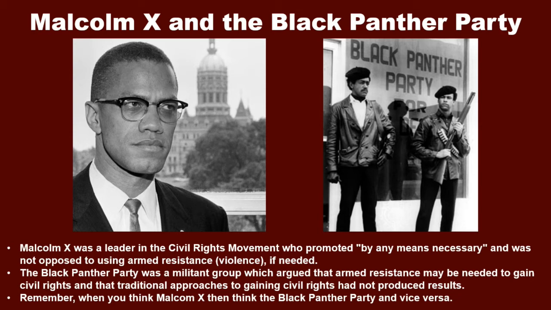He was also one of the founders of the Black Panther Party, which was a militant group which argued that armed resistance may be needed to get their equality and their civil rights. So I want you to remember that when you think of Malcolm X, you think of the Black Panther Party, and when you think of the Black Panther Party, you think Malcolm X. They are one and the same, okay?